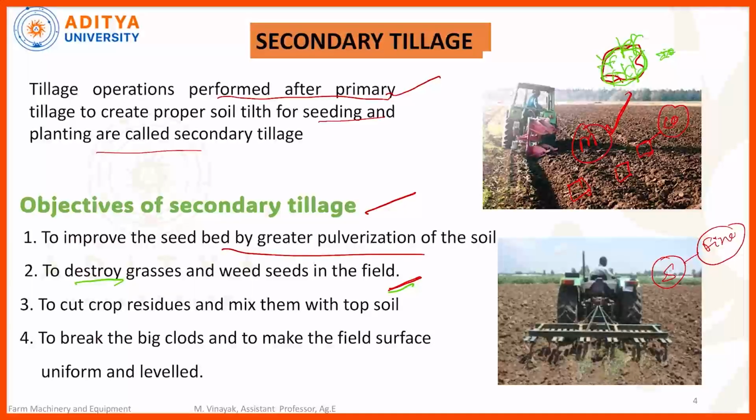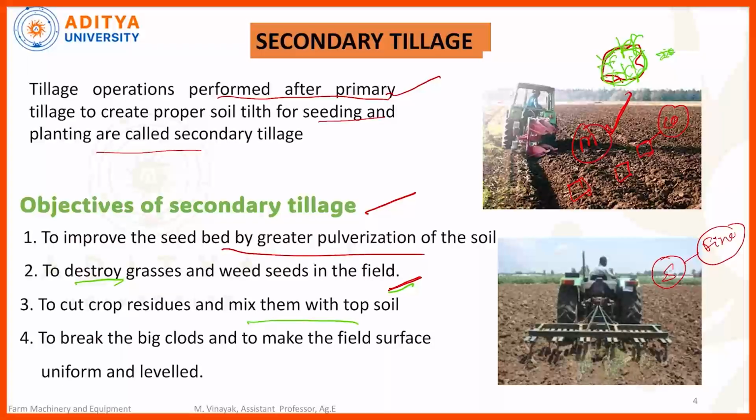Next one is to cut the crop residue and mix it with the soil. Not only does it cut the weeds and weed seeds, it also cuts the crop residues present in the field. Crop residues are, after harvesting the crop, for example the paddy crop, so many stubbles will be available in the field.